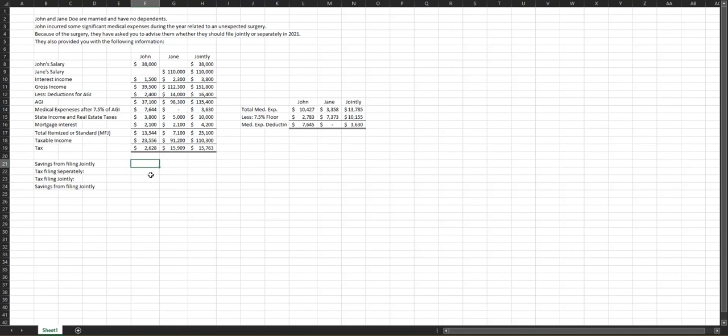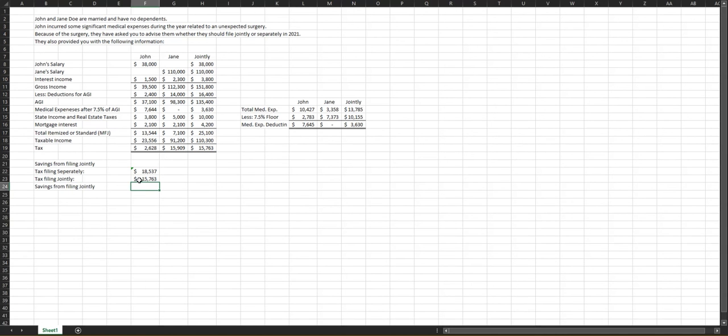Okay, so the tax from filing separately is going to be the sum of these two numbers, and then their tax from filing jointly is here, and the savings is just the difference. So in short, if they file jointly, they'll save $2,774 in taxes.